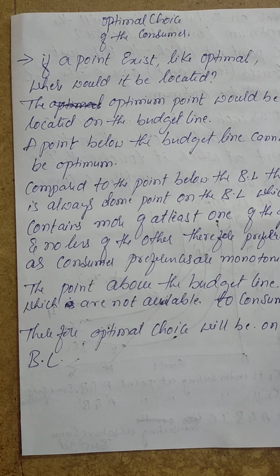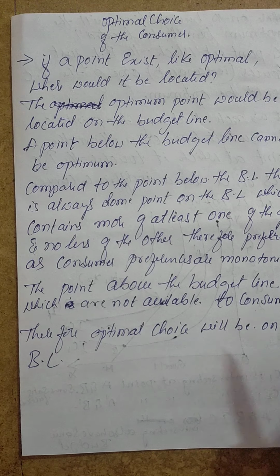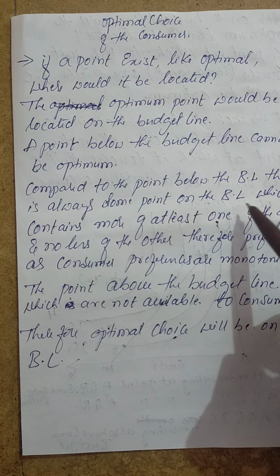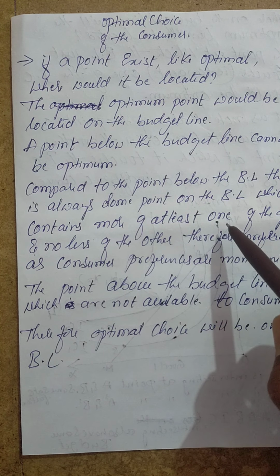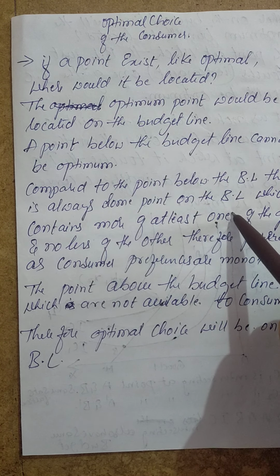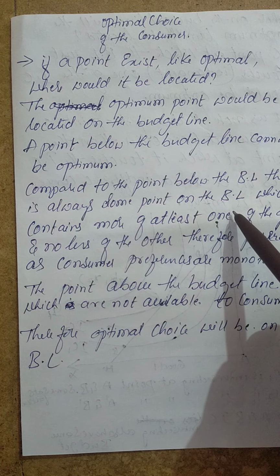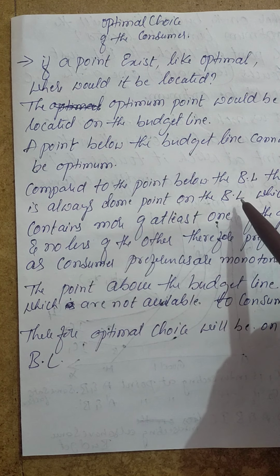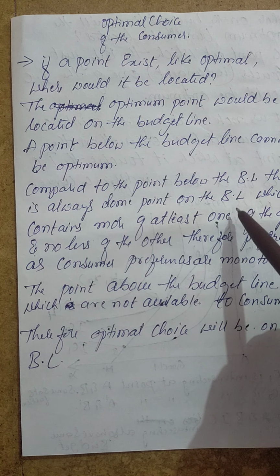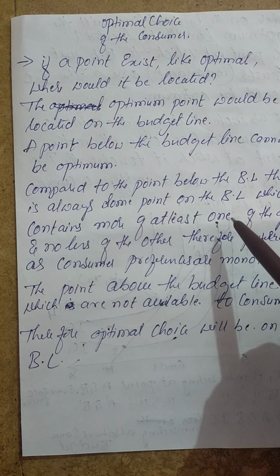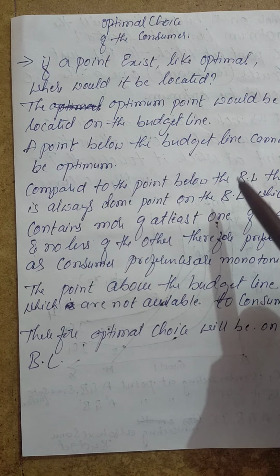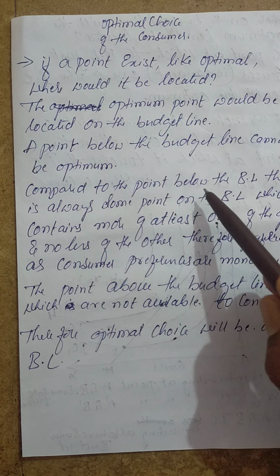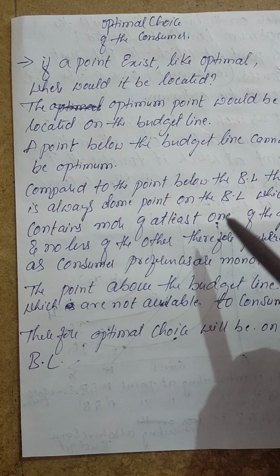Compared to a point below the budget line, there is always some point on the budget line which contains at least one more good. Below the budget line is lesser, on the budget line is greater. So on the budget line there is one good which is extra when we compare with the goods below the budget line.